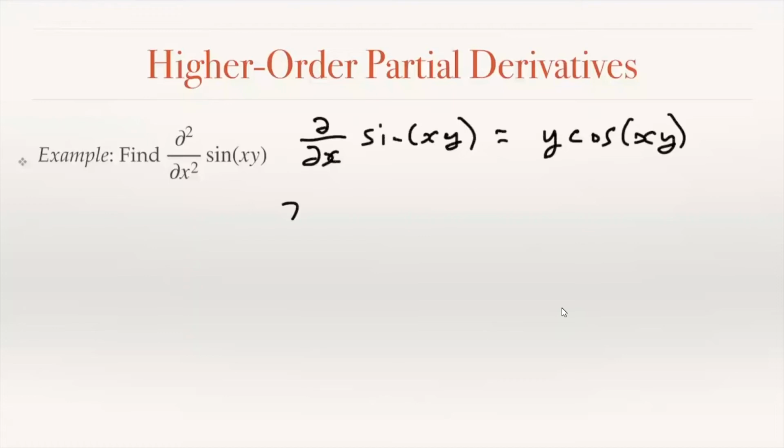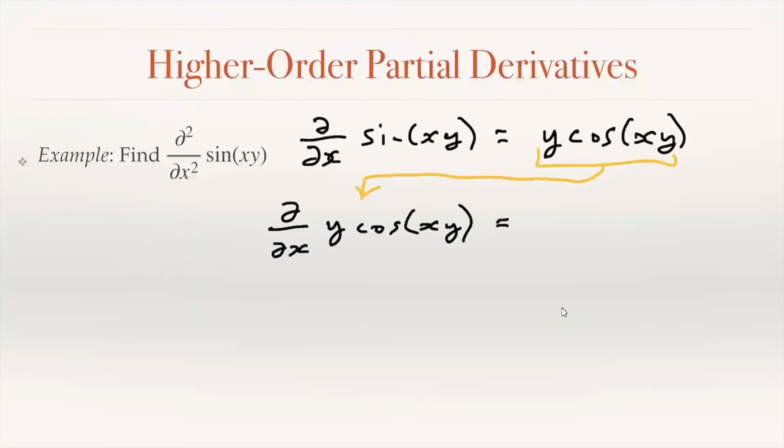And now del x of this, we're taking the derivative with respect to x twice. Okay, so this y on the outside is a constant, so it just hangs out there, and we pull out another y, by the chain rule, and now derivative of cosine is negative sine. So we have negative y squared sine of xy.